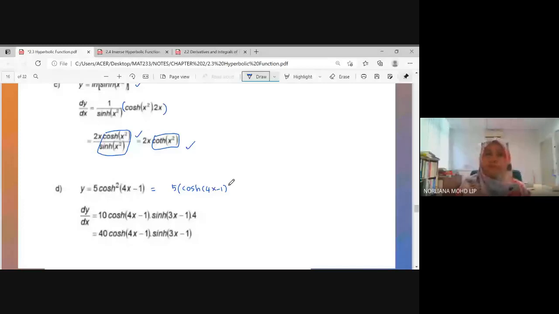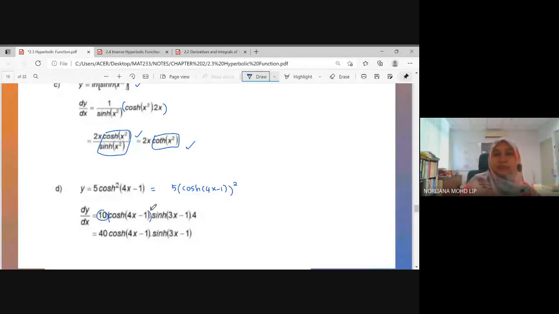So u equals power of 2. Okay, this one. For this one, you have to bring the power 2 to the front. So it becomes 10 of 1.